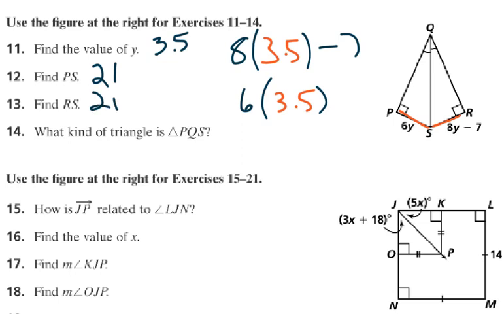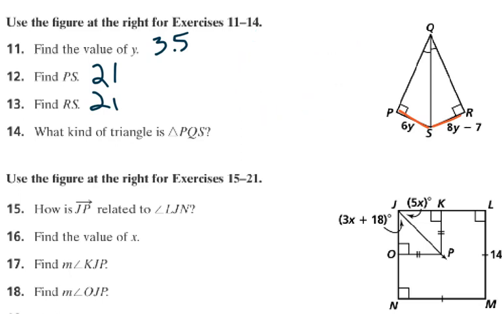So I know we've gotten it right. They're both equal, which is what they should be. And so the last question is, what type of triangle is PQS? PQS is a right triangle because it has a 90-degree angle here.